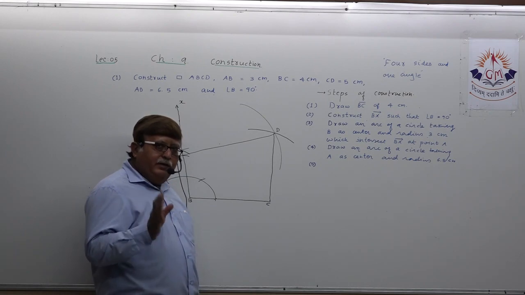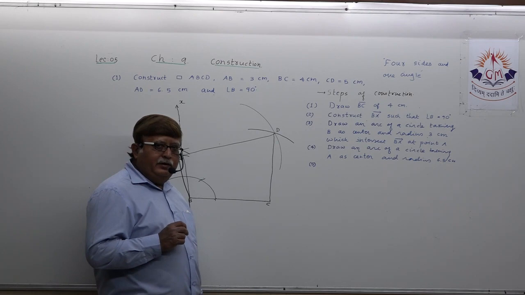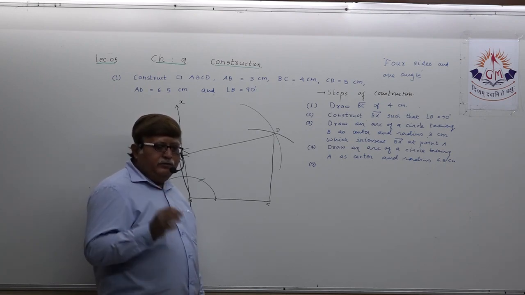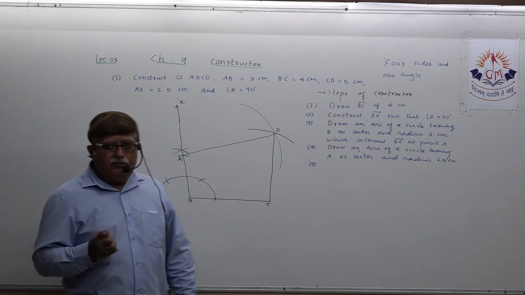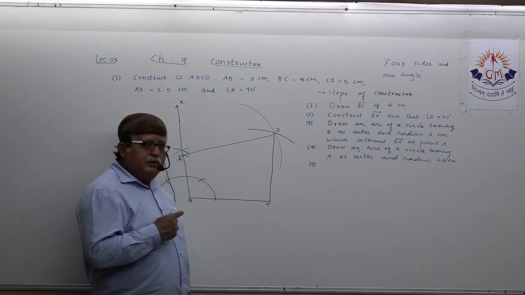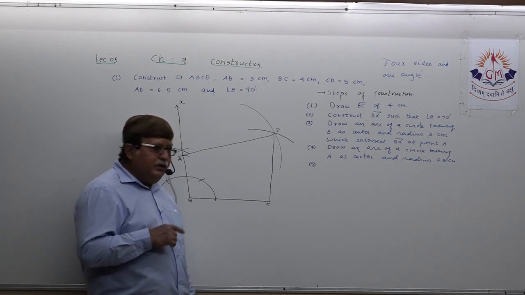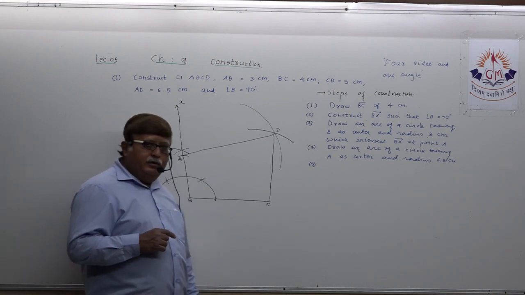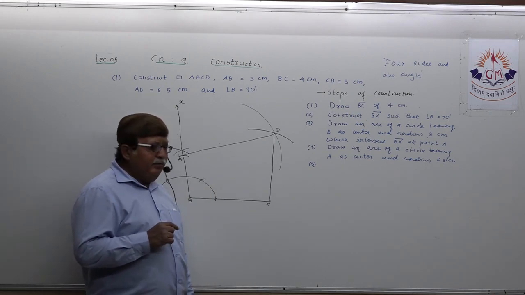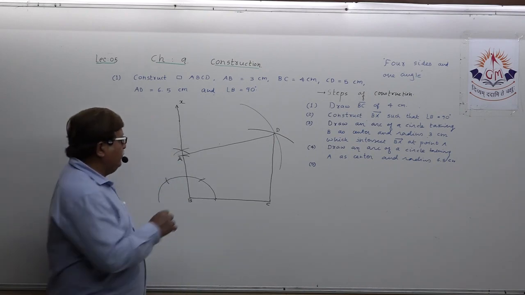Students sometimes take steps of construction lazily. No, you have to take steps of construction with utmost sincerity, like you are drawing the construction. That is a must because it carries marks parallel to the construction also. Okay.